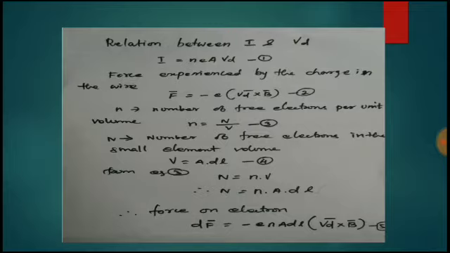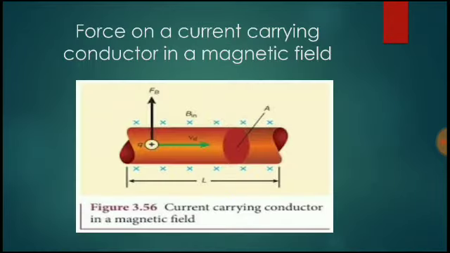Now a conductor has a small segment of wire, considered dl, with cross section A and current I. The free electrons drift and move with drift velocity opposite to the direction of current.